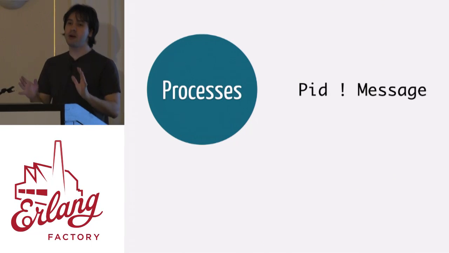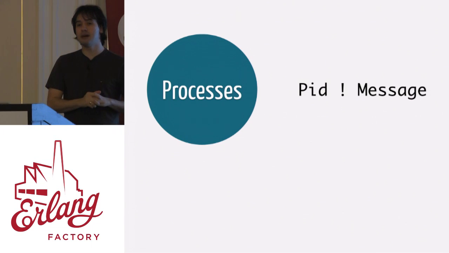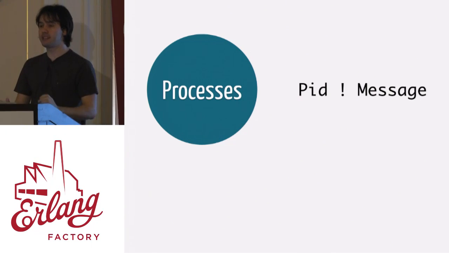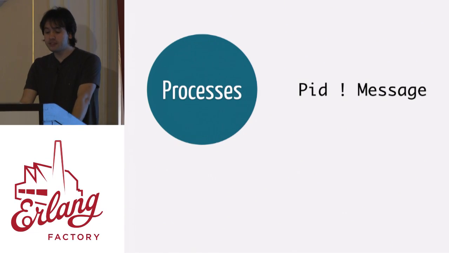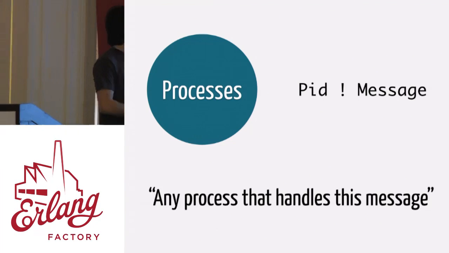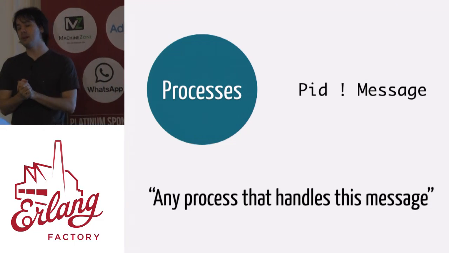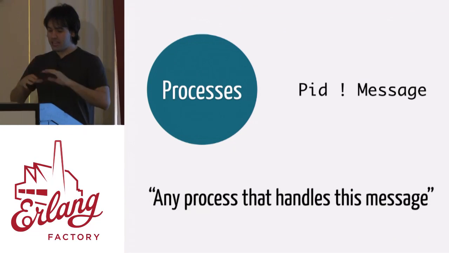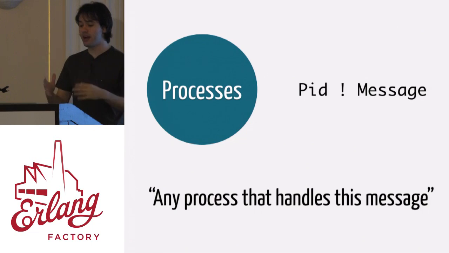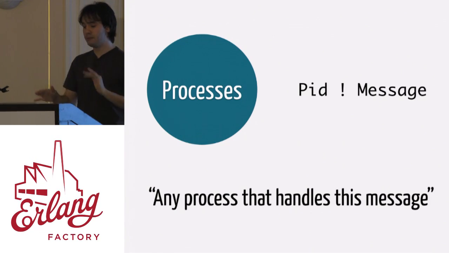We don't care anything about it. The only thing we care about is that the process knows how to handle that message, given a contract that was established earlier. So basically, it's polymorphic because you can say, I don't care what this process is, as long as it is a process that handles this particular message. And it can have any shape, right? If it handles that message, given a contract, we are good to go.